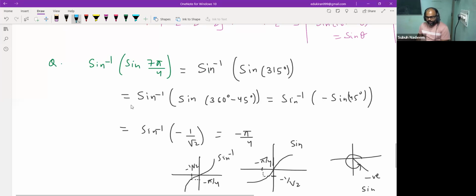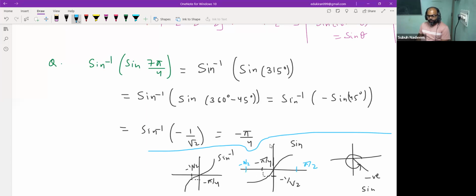Either you see the sine graph, where the angle will be the input and the value will be the output. Or you see the sine inverse graph, where the value will be the input and the angle will be the output. You will get minus pi by 4. So you can only see from minus pi by 2 to plus pi by 2, and in that region you have to find the angle. So this is one method. First write this. Next will be the property.